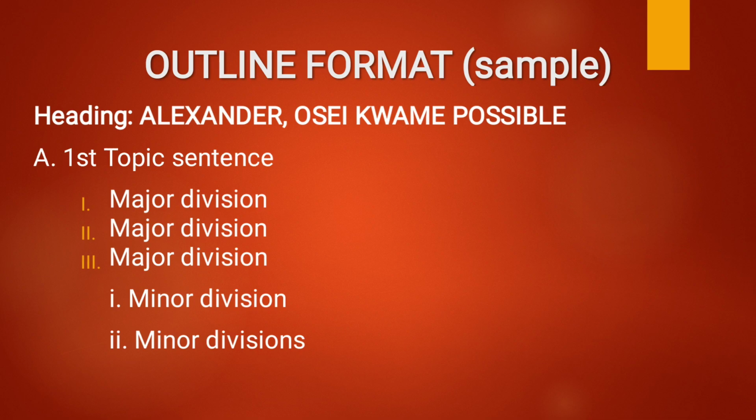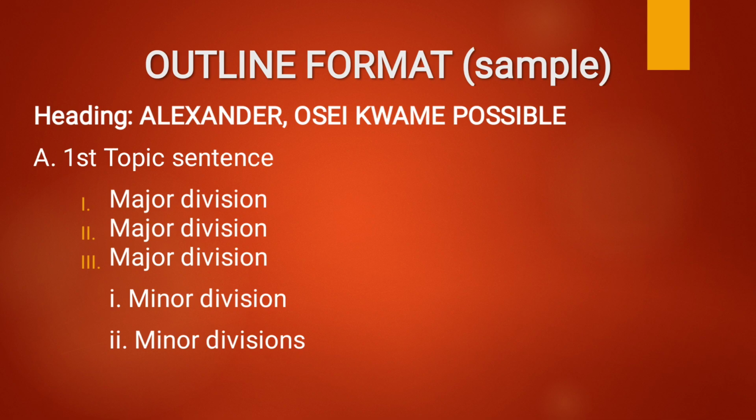For the minor divisions, once I'm using lowercase Roman numerals, someone also could use lowercase alphabets. That one also is correct. But what we are saying is that there must be consistency. If you choose counting numbers for your topic sentence, all topic sentences must be counting numbers. I hope it makes sense.